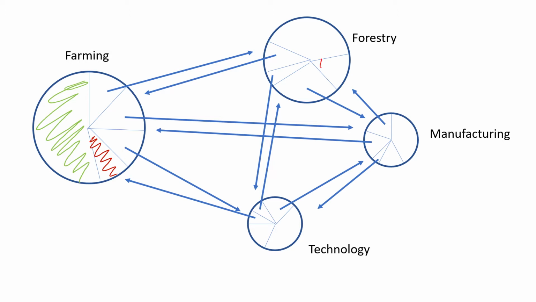They need some for their own use, and that only leaves some of what they produce for export. Same thing for manufacturing and for technology. There's only certain parts of what they produce that they can sell externally. So you can see when you start to look at multiple industries and all the interactions, this gets very complicated.